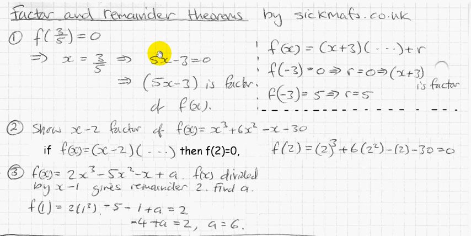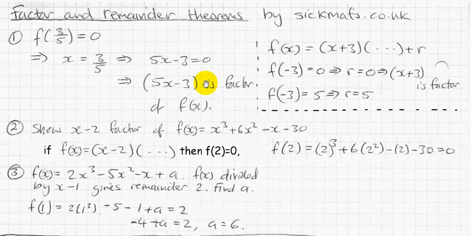Okay, so we'll go into more detail about that shortly, but just to say, if you've got a function where f of 3 over 5 equals 0, what could be the factor? So that means we said x equals 3 over 5, and therefore I could rearrange that to 5x equals 3 and also 5x minus 3 equals 0.